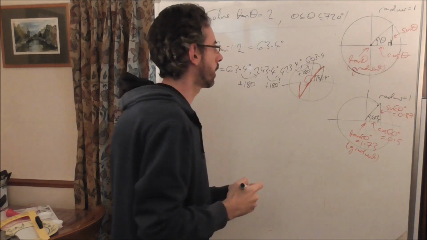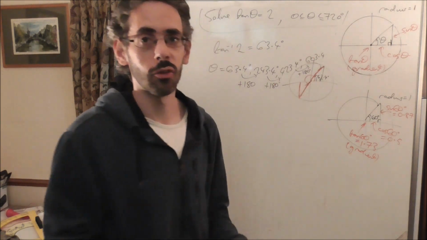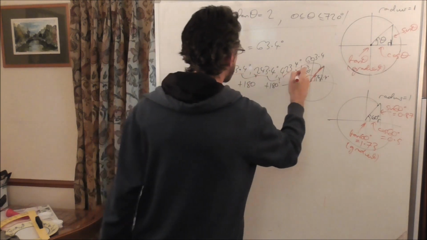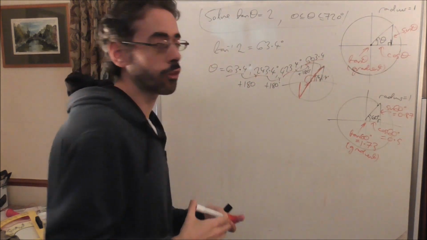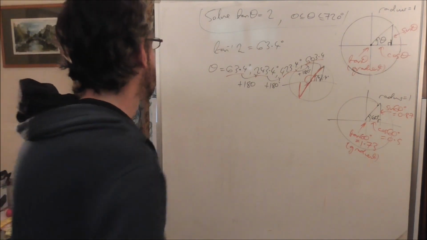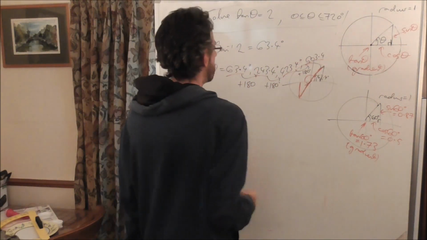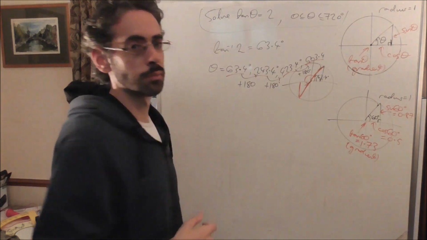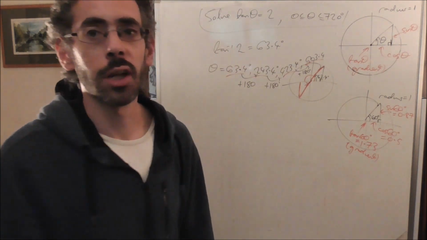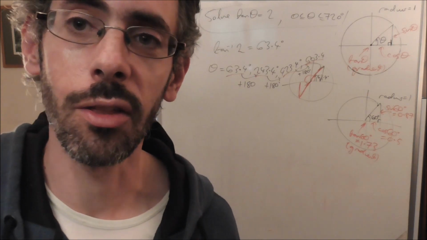If I add 180 again, I'll go above 720, so I'll be out of range. But these are the 4 solutions. So for tan, it's really easy. You just get the first solution on the calculator, and then you just keep adding 180, or sometimes subtracting 180. If the range was going the other way, you'd subtract 180 to get all the solutions until you get to the end of the range.